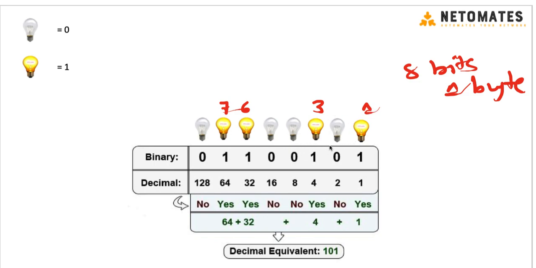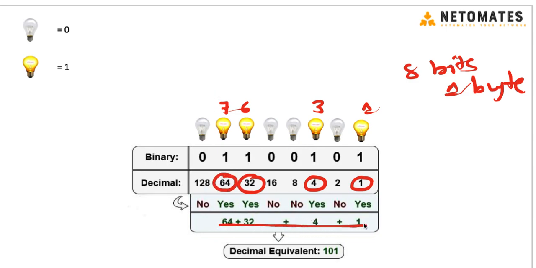This is how the computer will process that: when the light is on, then only you need to take that number. You just need to add all the values of each cell where the light bulbs are on. So the value of this cell is 1, the value of this cell is 4, the value of this cell is 32, the value of this cell is 64.